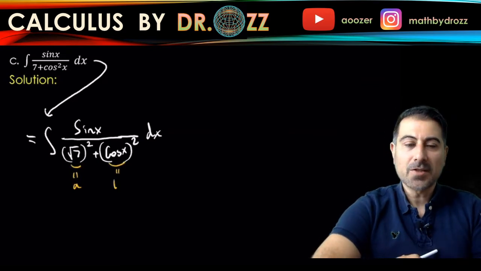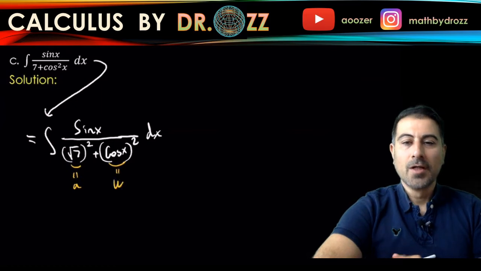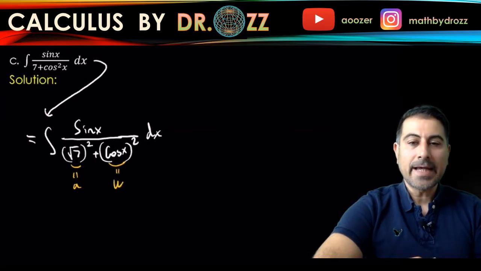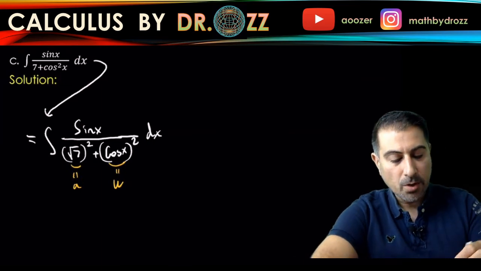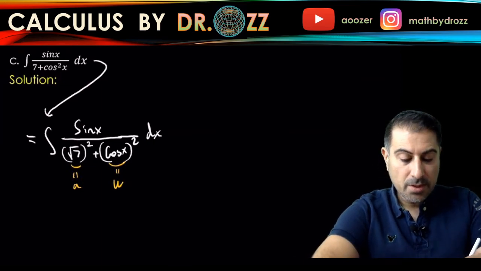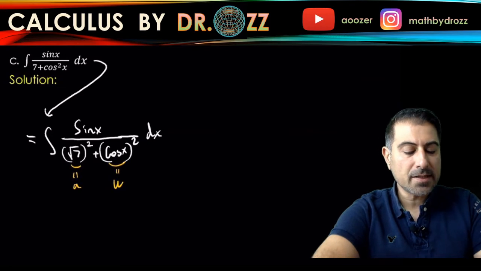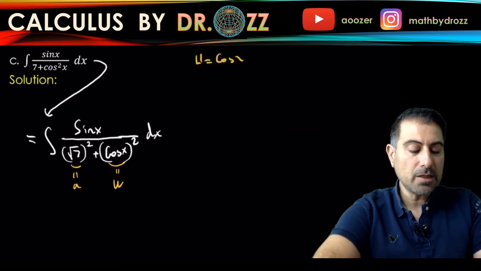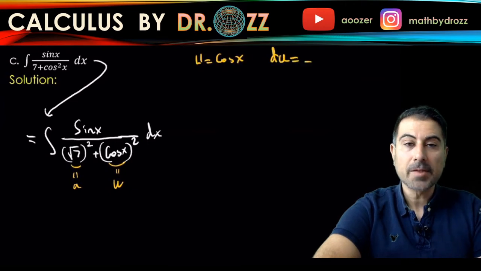But remember, be careful when you have a u substitution. The resulting integral after the u substitution should be strictly u dependent. So let's check. u equals cosine x takes you to du equals negative sine x dx.